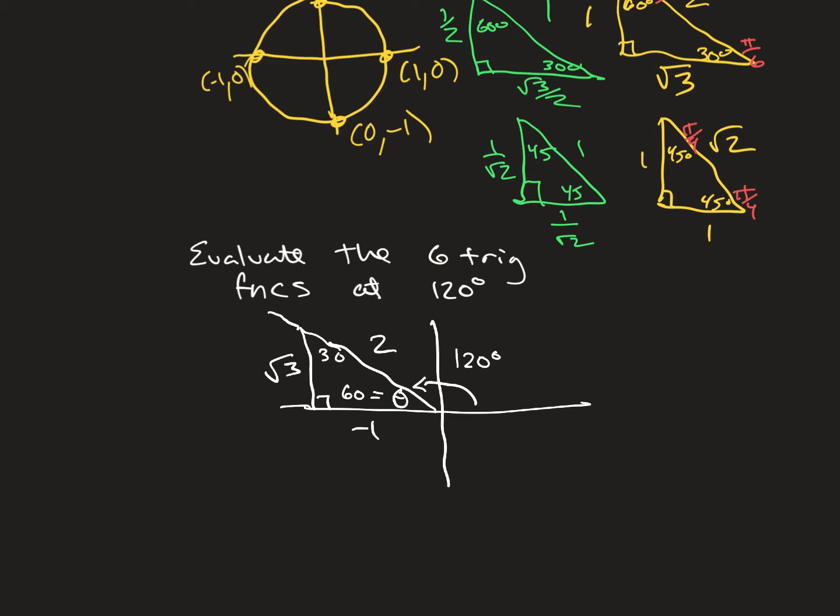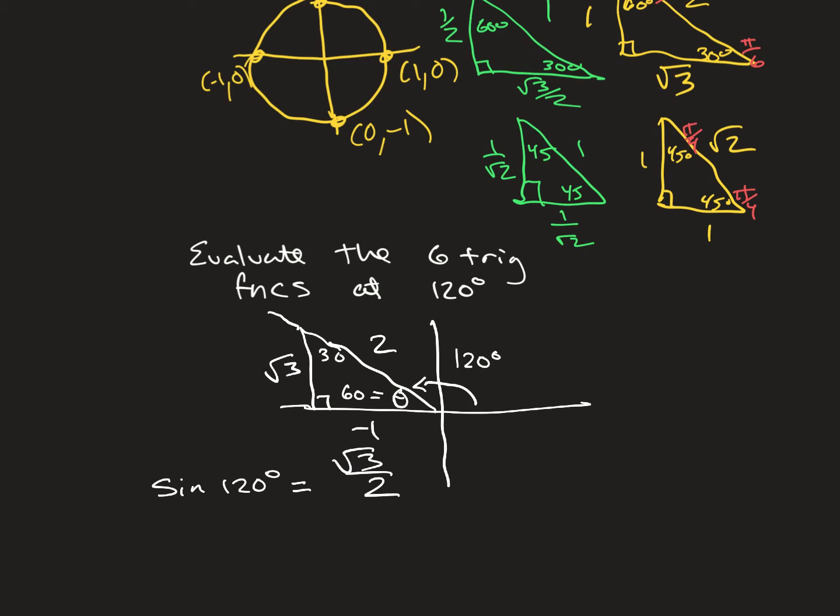So if I want to talk about the sine of 120 degrees, it is going to be equal to the y coordinate over r. So I've got root 3 over 2.